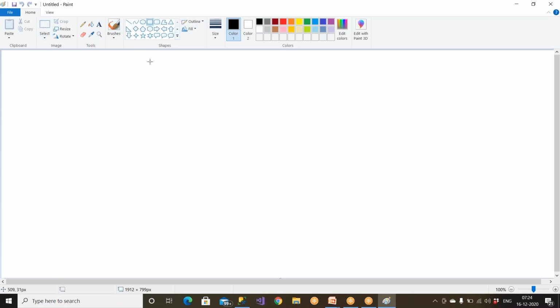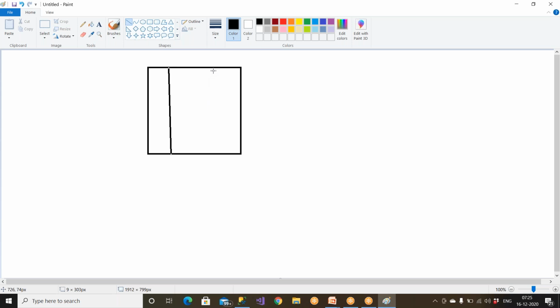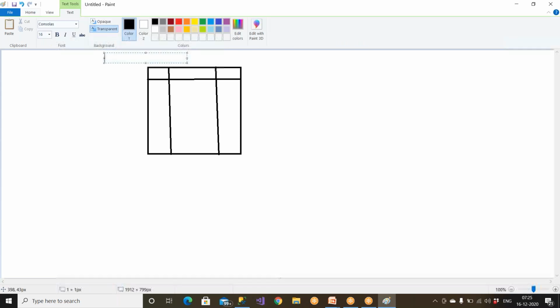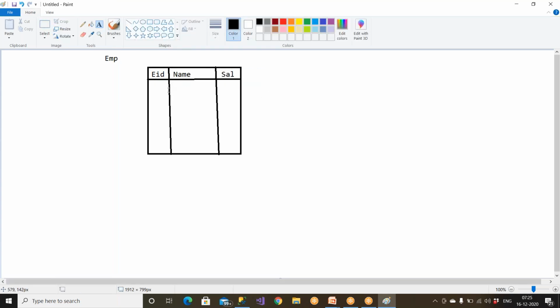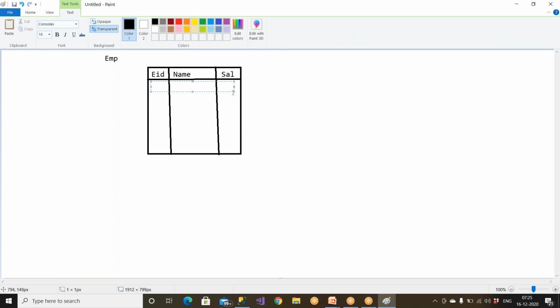So I'm talking about a table. Let me create a table. Table has a few columns. This is my table. The table name is called employee table: employee ID, employee name, employee salary. I wanted to store a lot of data in it.